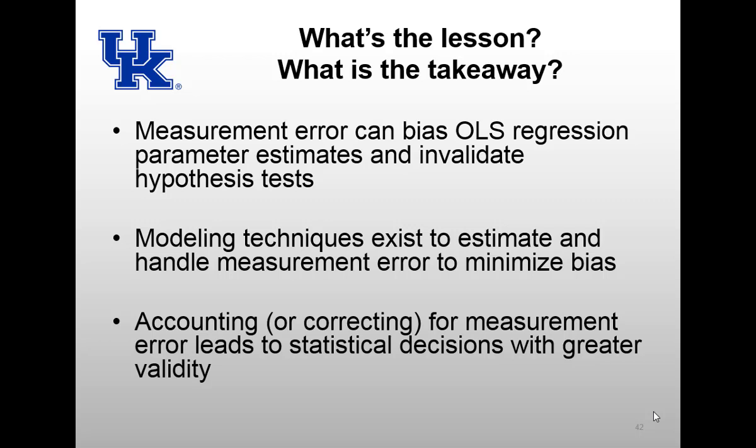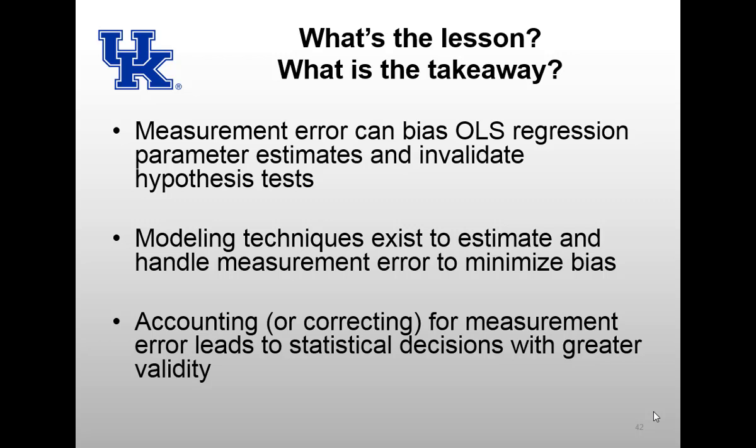So, when we have measurement error and we do standard observed ordinary least squares regression, we get results that aren't trustworthy. That's bad. So we have modeling techniques that we can use to estimate and handle that measurement error and minimize the bias. If you have a large enough sample size and appropriate sorts of data, you can use structural equation modeling, which is always preferred.